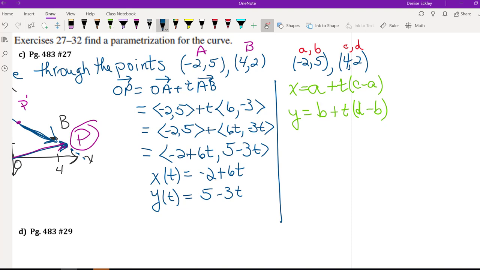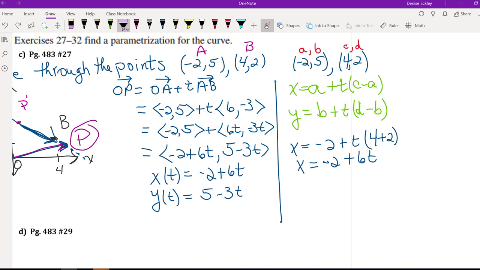Substituting those in, my x is a, which is negative 2, plus t times c minus a, which is 4 minus a negative 2. So we get x equals negative 2 plus 6t, which is exactly the same.